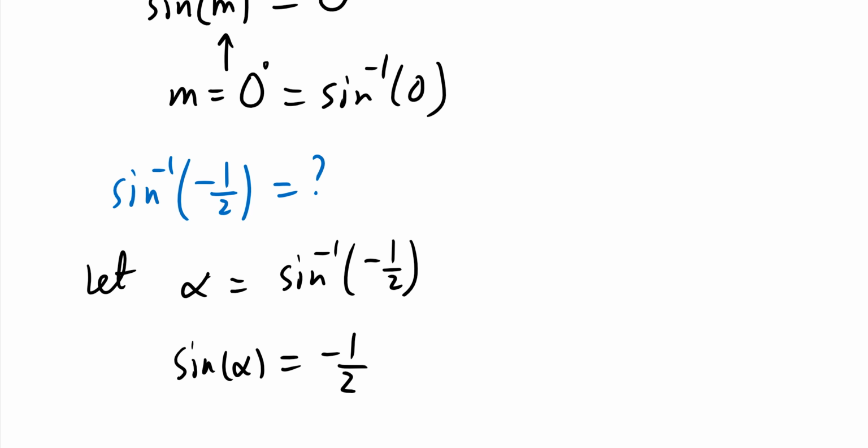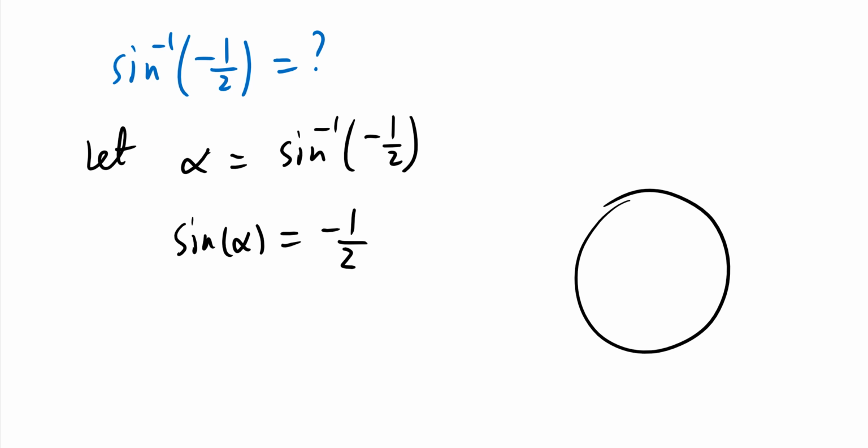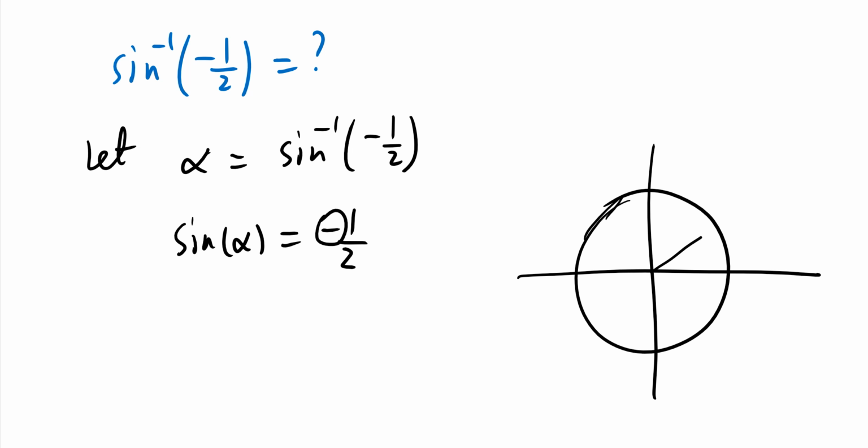Maybe you want to start looking at the unit circle. Forget about the negative, that's how I do it. Which angle has sine 1/2? Well, that's the 30-degree angle, or pi over 6.